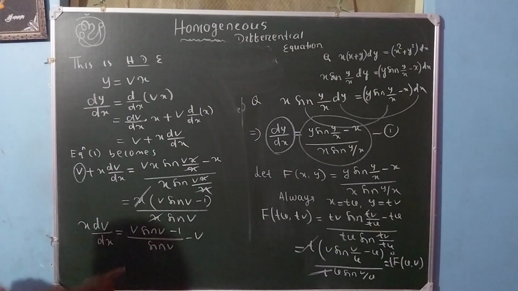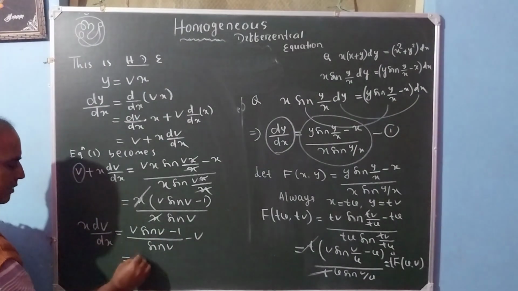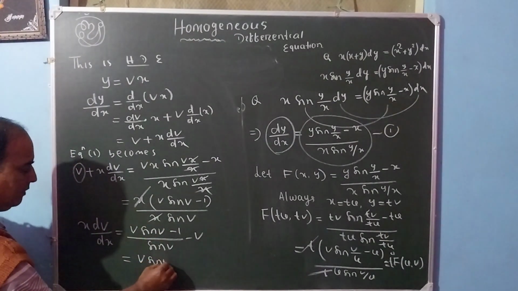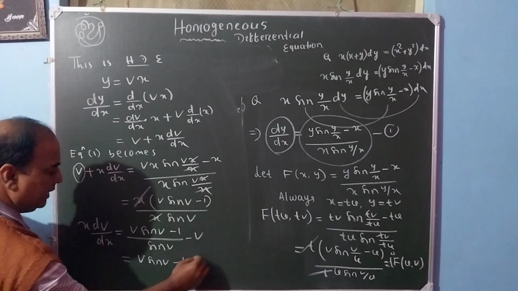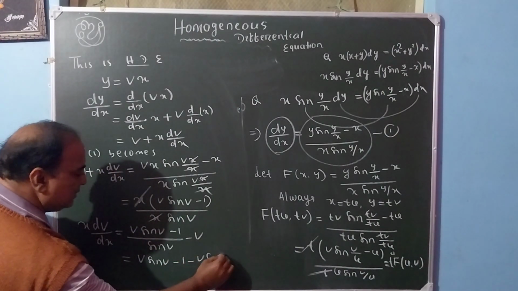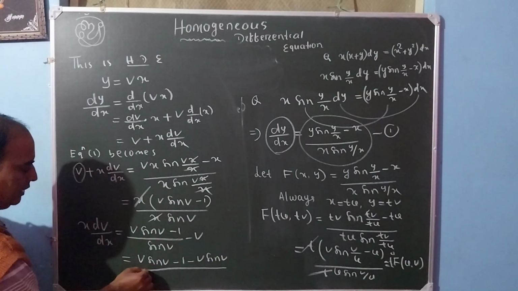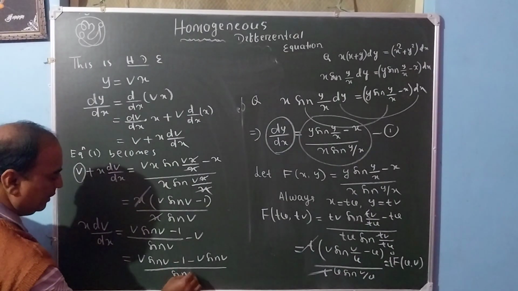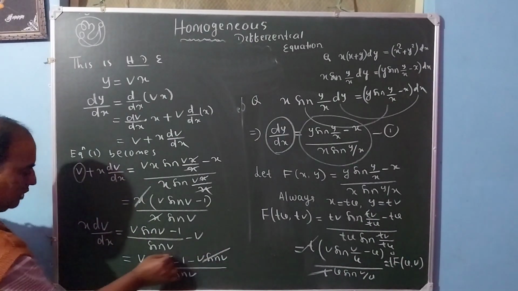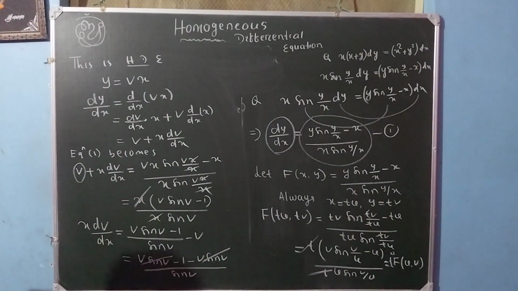Taking the LCM, we get v sin v minus 1 minus v sin v divided by sin v, so this cancels with this. Now we have to separate the variables.